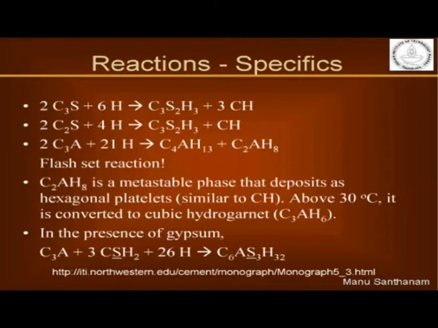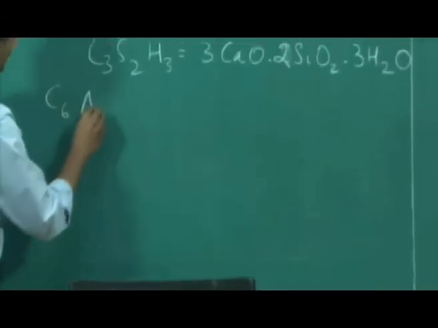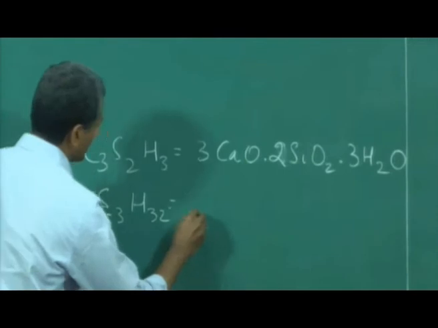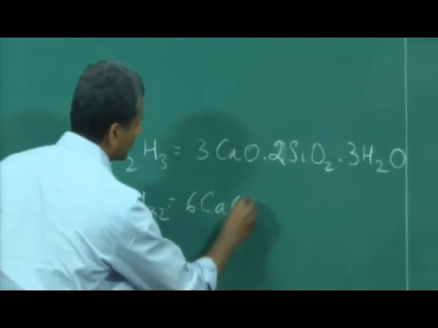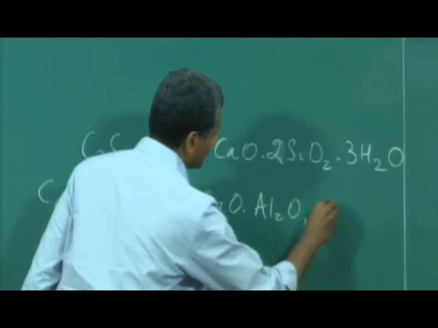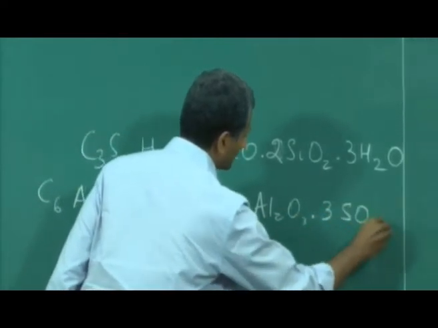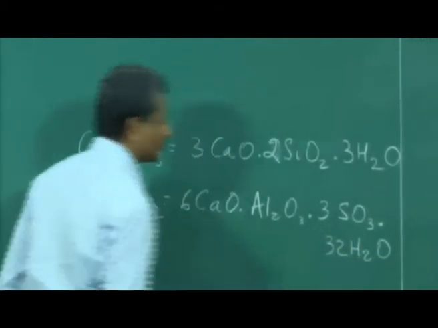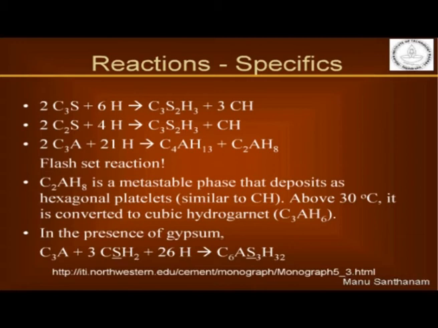So just for clarity, once again on the board, C6A S bar 3 H32, that is nothing but 6 CaO, Al2O3, 3 SO3 dot 32 H2O. So that's what is ettringite as per the cement chemist notation. Please see that it actually holds a lot of water in it, and the formation of ettringite is also known to be expansive.